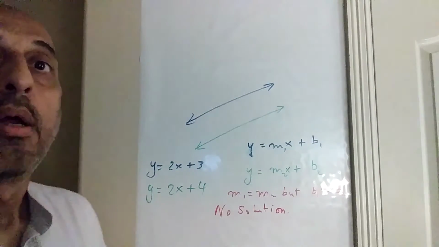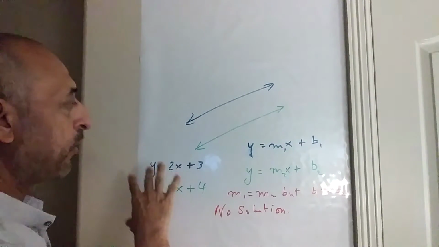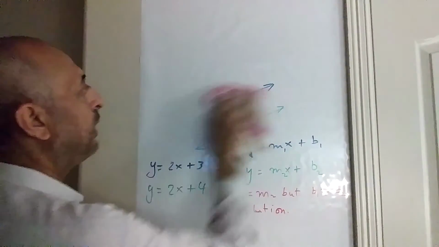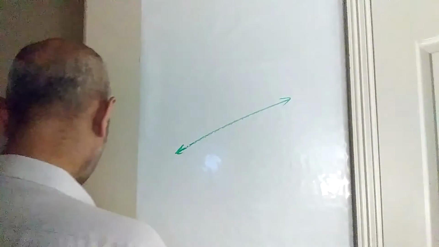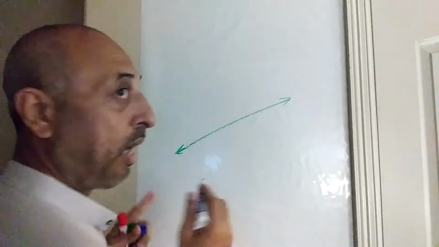And to wrap it up completely, if I go back to the first example, when the lines were intersecting, that is when two lines have different slopes.